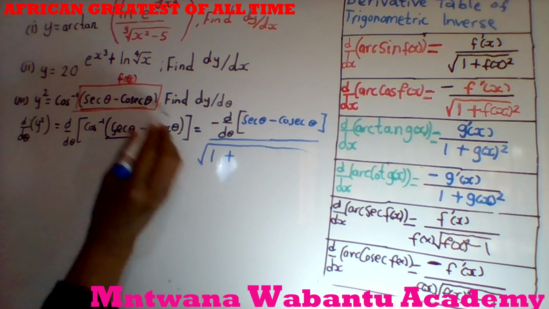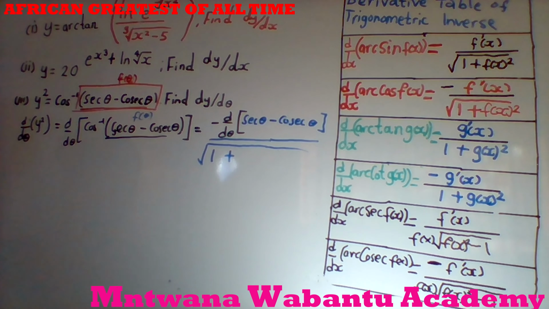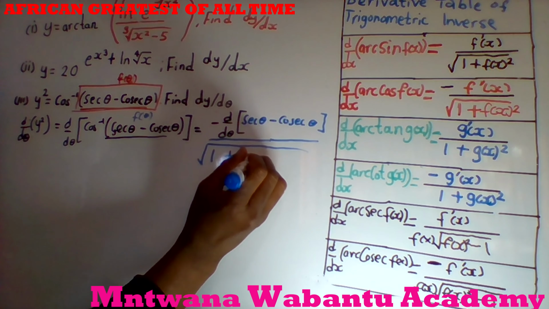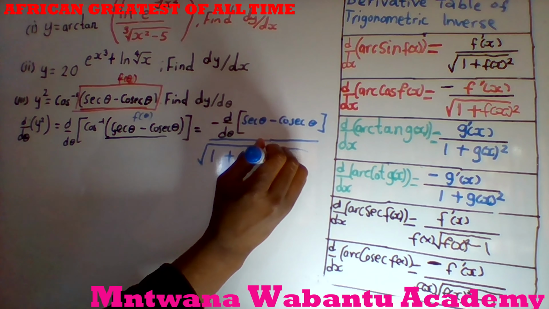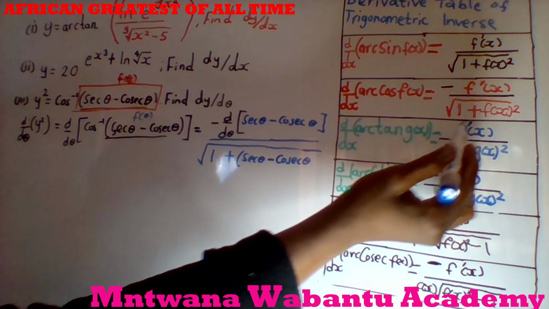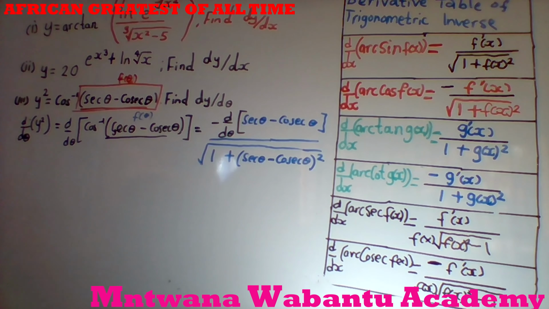Our function is f of theta because everything is in theta. So take our function, sec theta minus cosec theta, and square all of it.